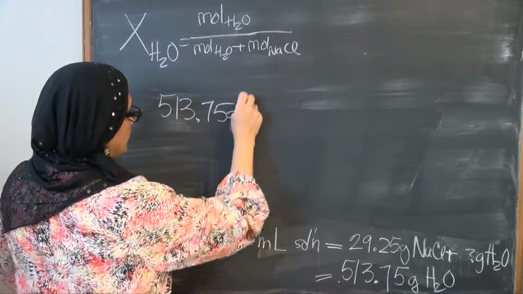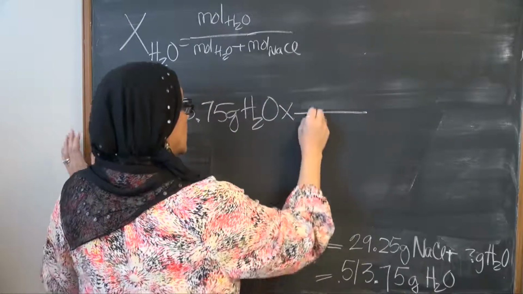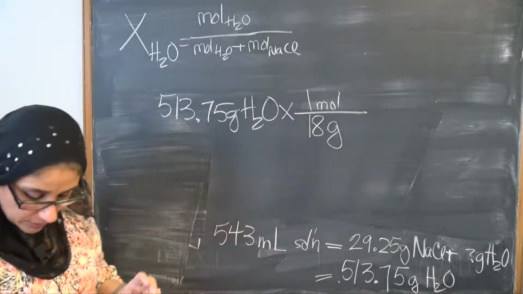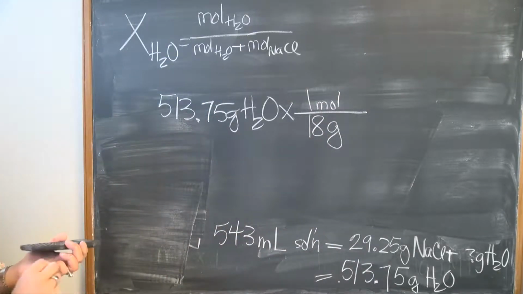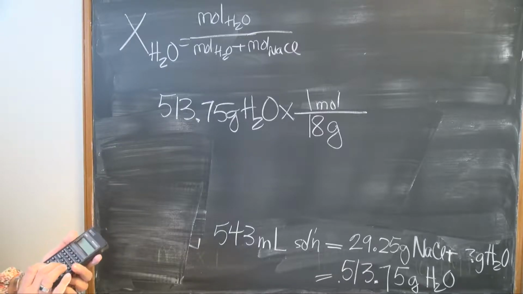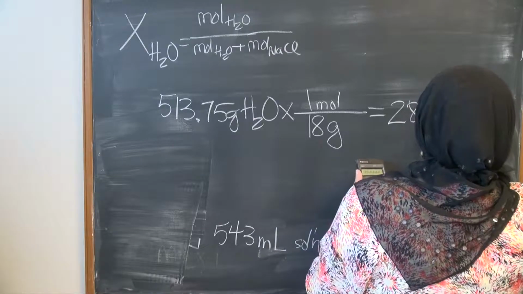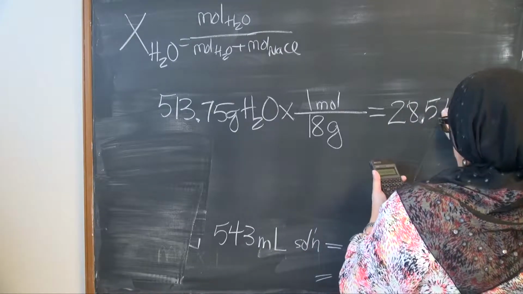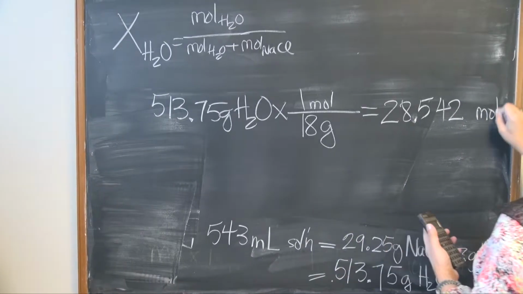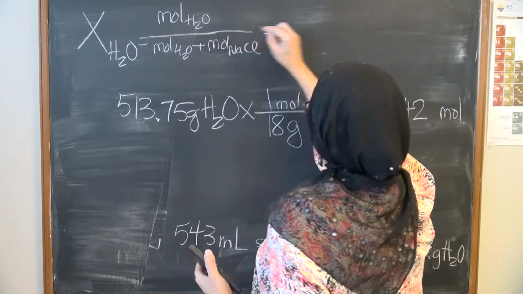Let's determine the moles of water, 513.75 grams of water. And we convert to moles. There are 18 grams of water per 1 mole. So then we get 28.542 moles of water. Okay, so now we'll go in and plug into our definition.